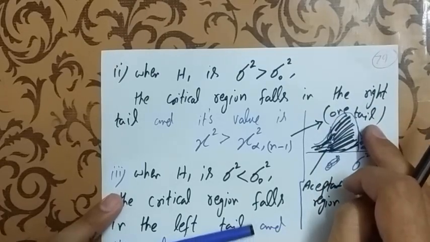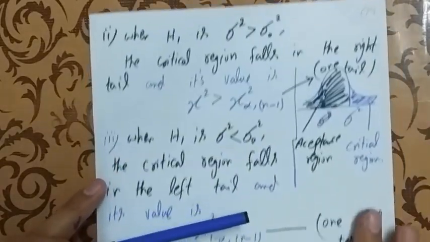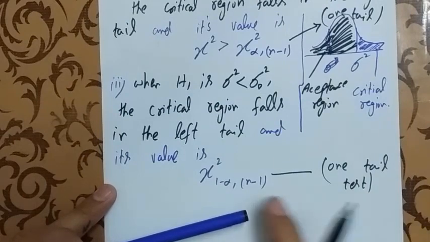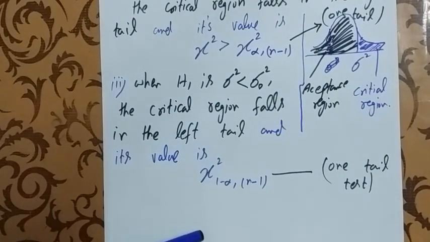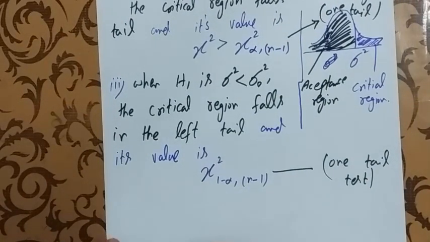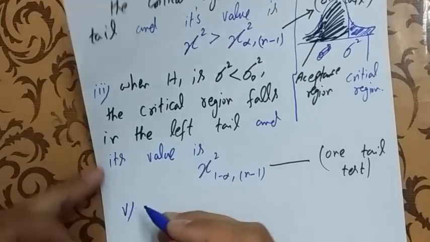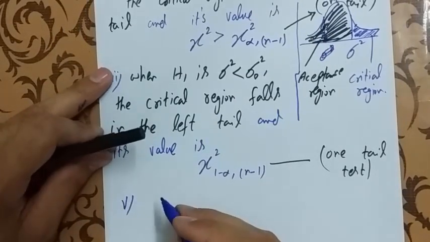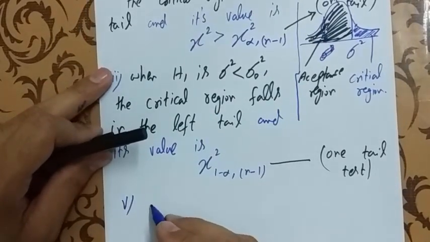This is the one tail towards the right side, and this is the one tail towards the left side. In the fifth step you have to compute the values.